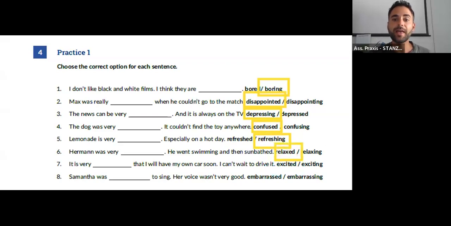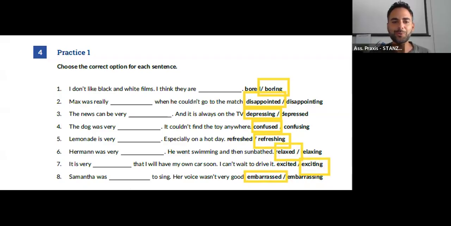He went swimming and then sunbathed. Number seven, it is very exciting that I will have my own car soon. I can't wait to drive it. Number eight, Samantha was very embarrassed to sing. Her voice wasn't very good.